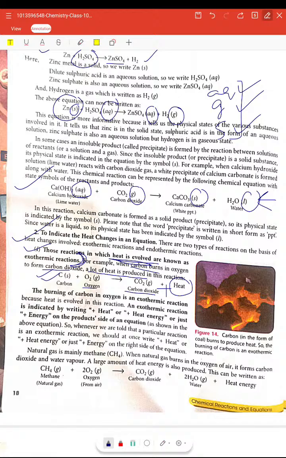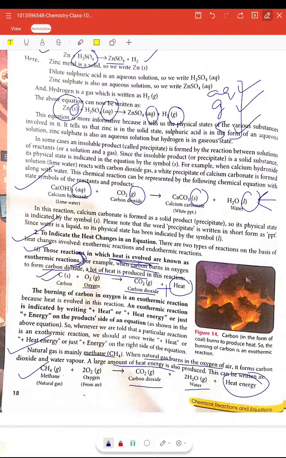Now we discuss another example, methane gas. When natural gas burns in air, it forms carbon dioxide and water vapor and a lot of heat energy is released. So it is an example of an exothermic reaction. Methane gas is CH4.